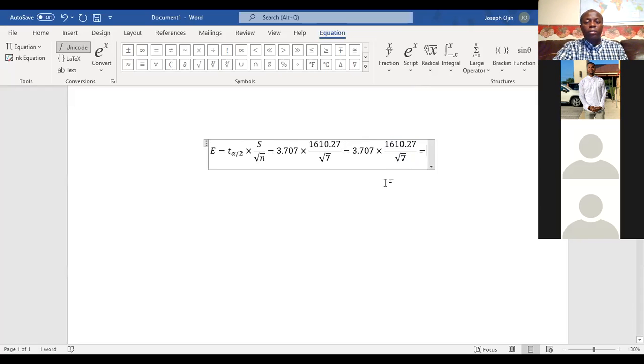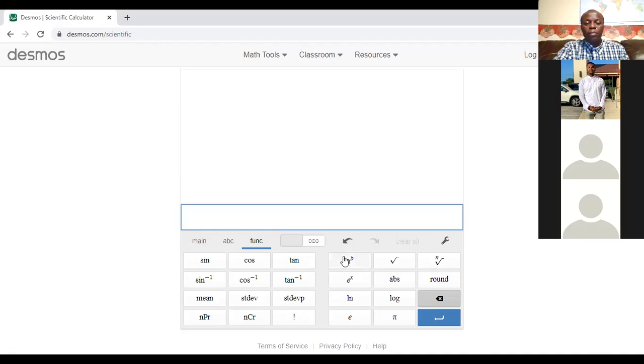Now let's put this in the calculator and get this answer right away. So I'll take you to the calculator here. Okay, so I have it in this form.